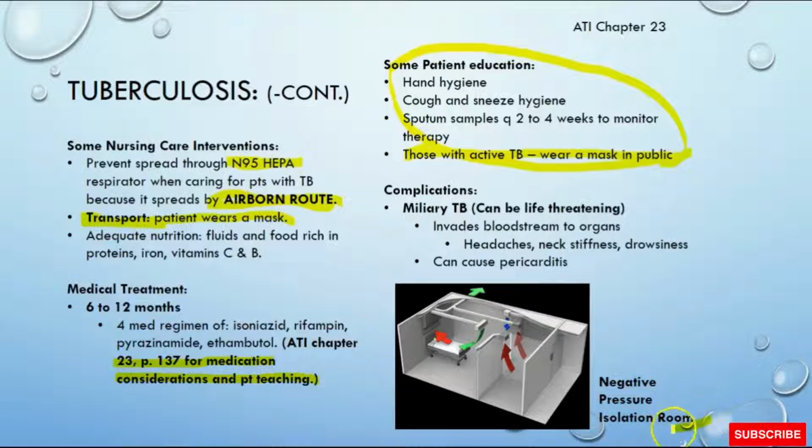But other thing you need to know, outside of an N95 mask, airborne route, patients need to be in a negative pressure isolation room. And this is something that can come up on NCLEX. You need to know negative pressure isolation room.